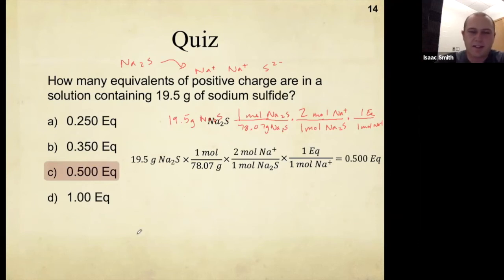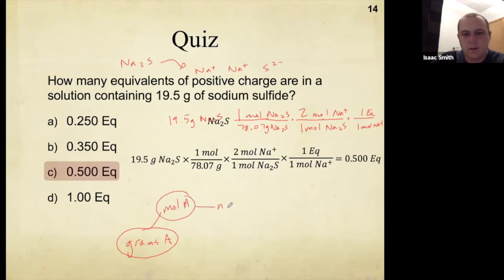So if you're thinking about this in terms of the stoichiometry map, we can go from grams of A to moles of A, and we can go to moles of B, and then we can go to equivalents of B. You can imagine this input on that map. It's getting really big, so I'm not putting it on the slides every time.